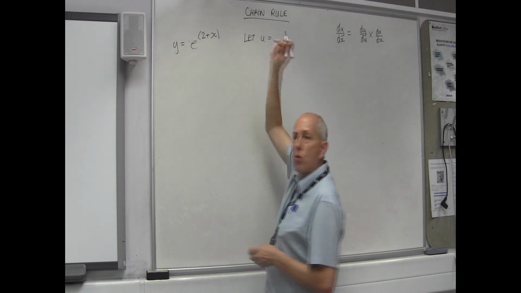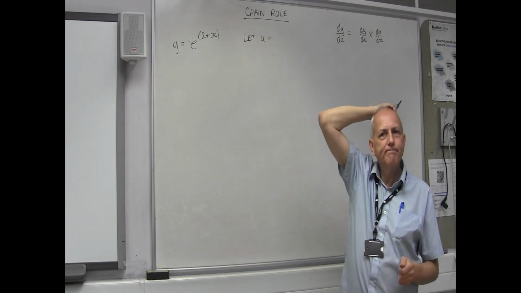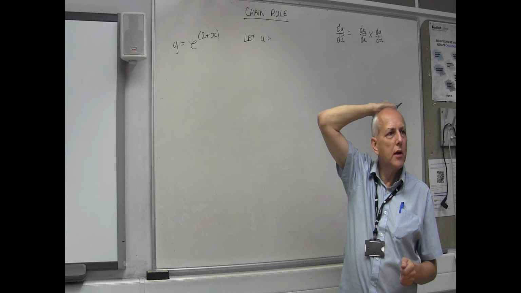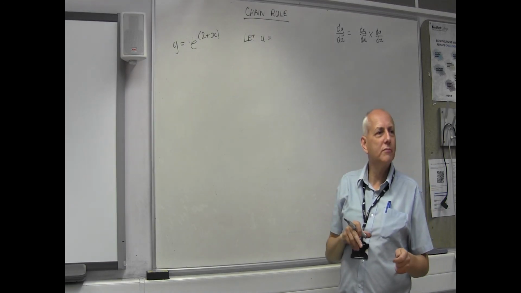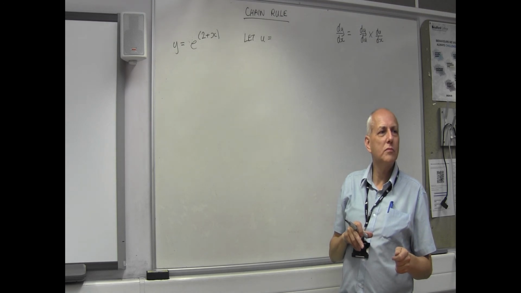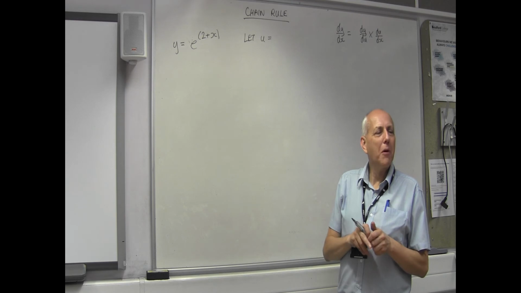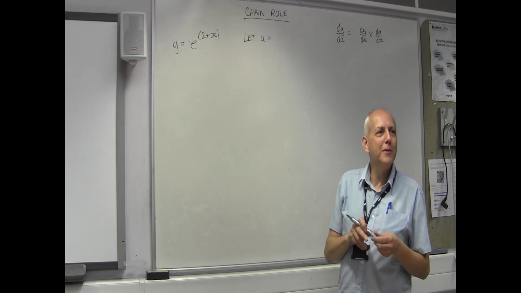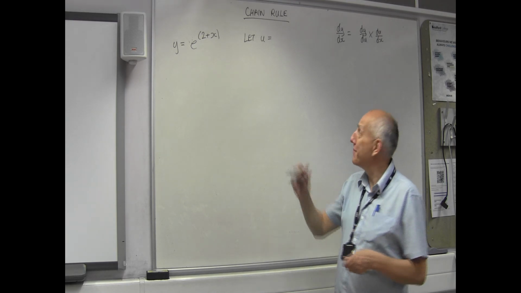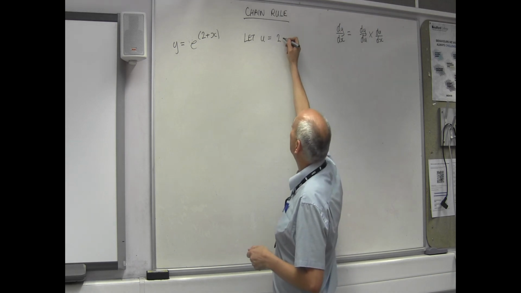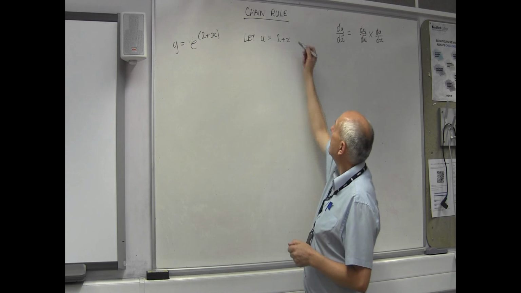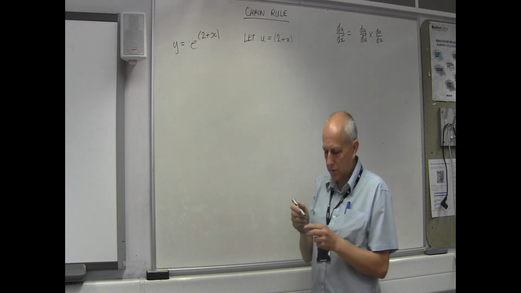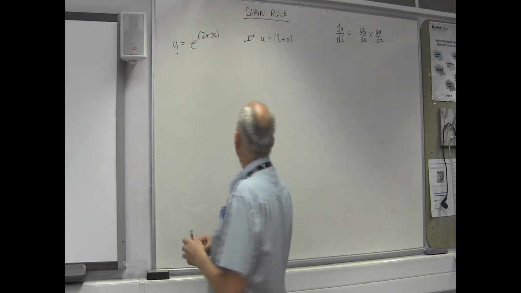What is u going to equal? 2 plus x. Yep. Hassan, what's u going to equal? 2 plus x. Okay? Probably want it in brackets if it ends up multiplying anything.